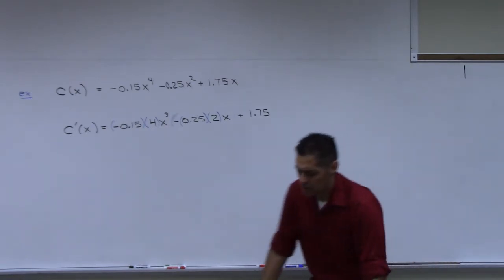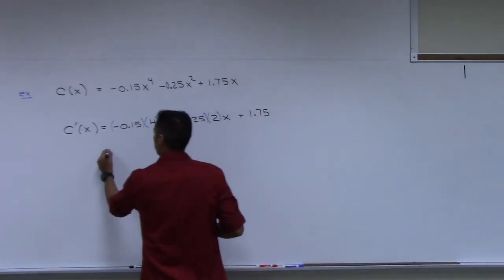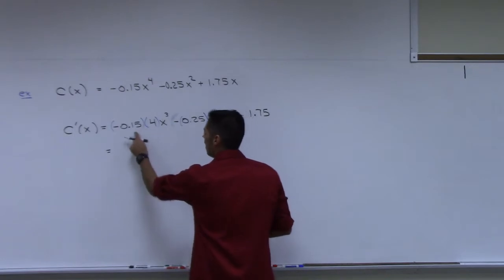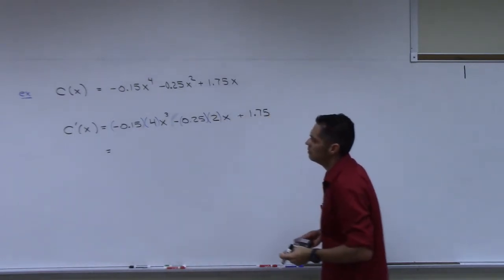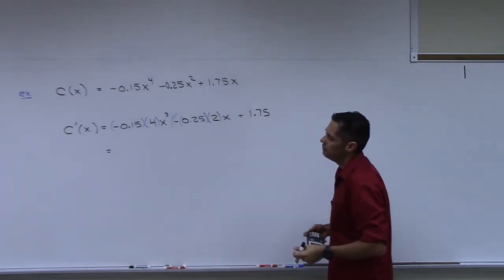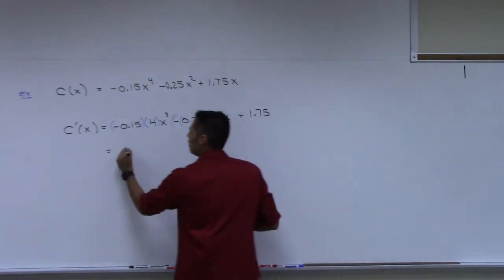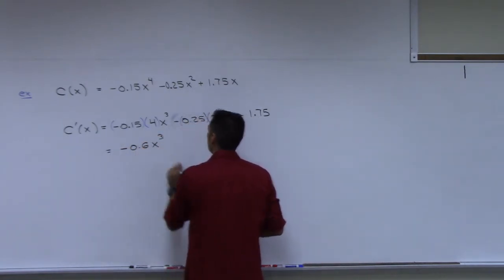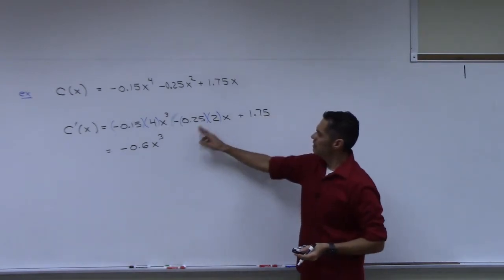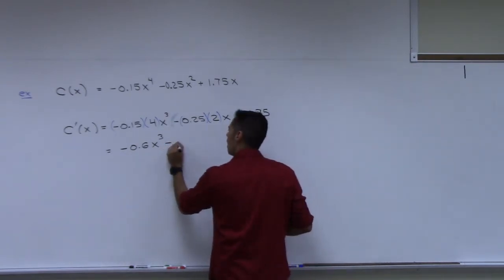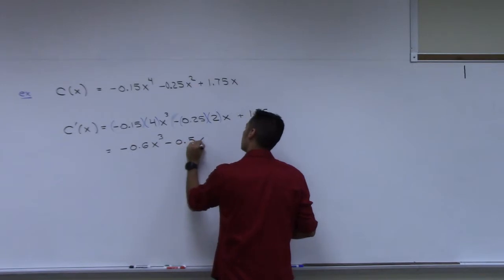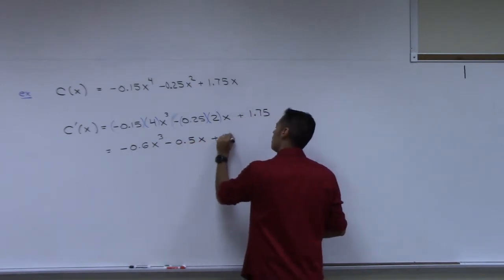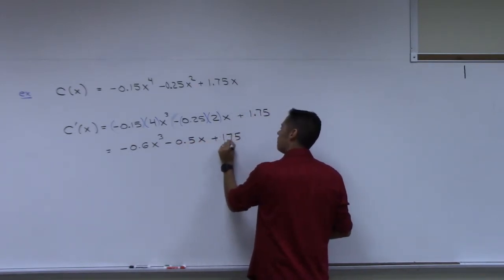Okay, so let's just multiply these. 4 times that, what do I get there? Negative 0.6, so negative 0.6 x to the third. And then when I multiply this, negative 0.5 x, and then finally 1.75.